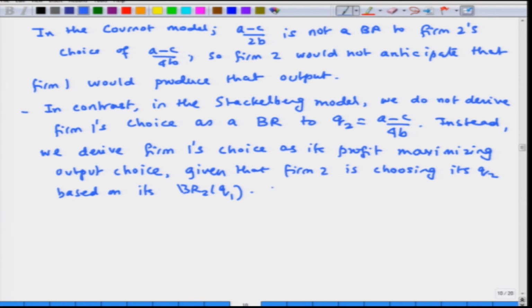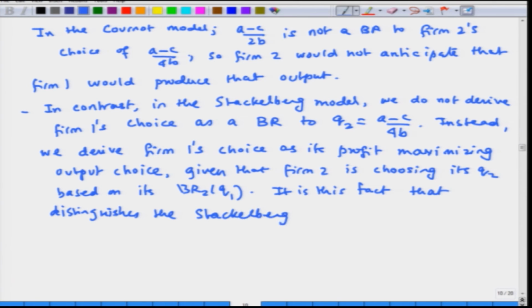And it is this fact that distinguishes the Stackelberg model from the Cournot model. And this is the reason why the output choices under the Stackelberg model and the Cournot model are different.